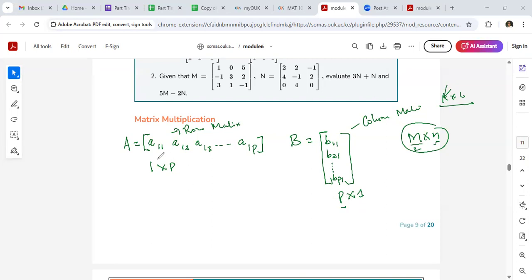So you can only find products if the number of columns in A is the same as the number of rows in B. So the P is well chosen. If I had M and N here, some of the elements would not have corresponding elements. But generally, we represent the order of a matrix by M by N. But it can be anything. M here can be anything. N can be anything. And you can have cases where N is equal to M.